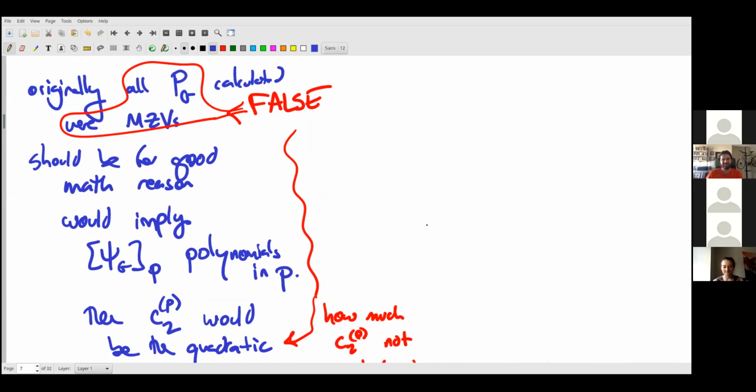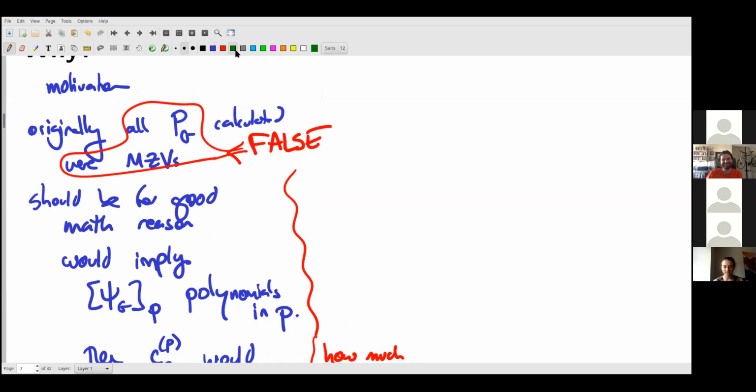Okay. So this is why someone who's not me might care about this. And this is why lots of people got interested in this. But now there's another reason you might care. So now that you've decided this is an interesting thing to study, we notice that these are somehow combinatorial.